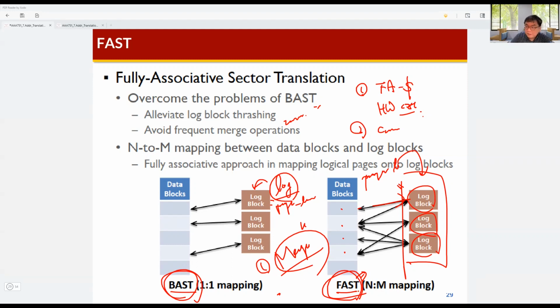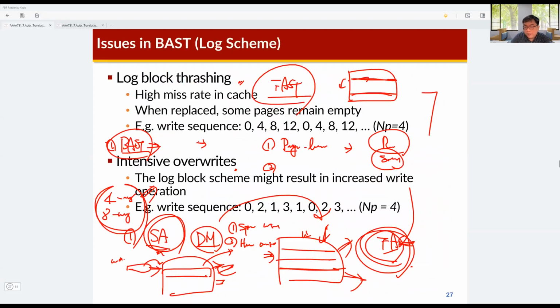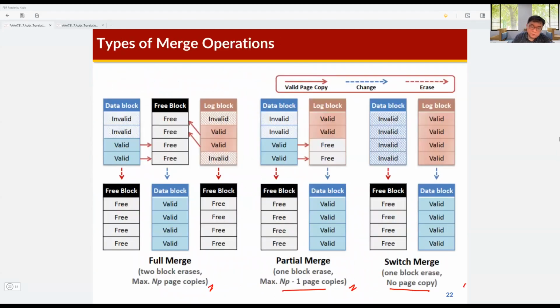So that means with FAST, we need to perform only full merging, not partial merging or switch merging, without this FAST mechanism. Right? Because some recent pages can be found in different log blocks. And then for this merge operation, we need to perform the full merging.